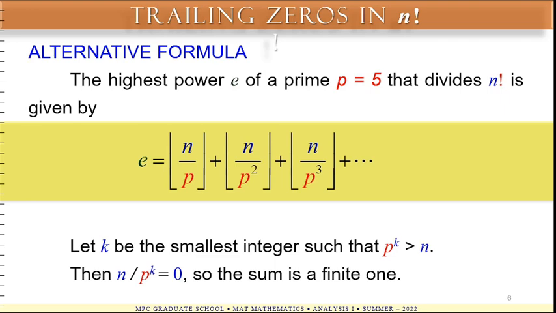So let k be the smallest integer such that p raised to k is greater than n, and n divided by p raised to k is equal to 0. So the sum is a finite one.